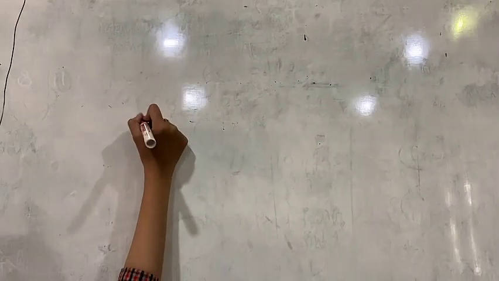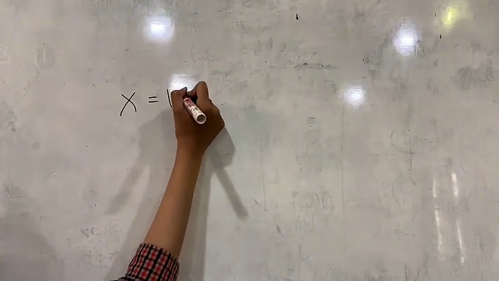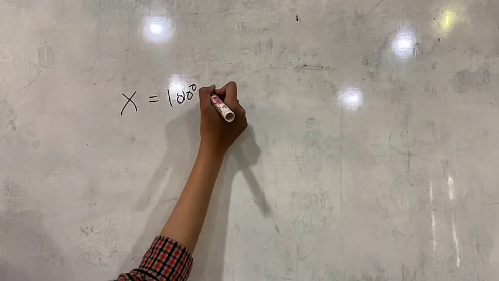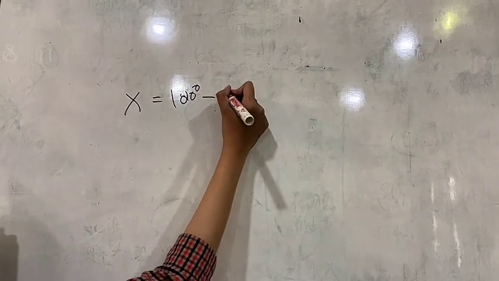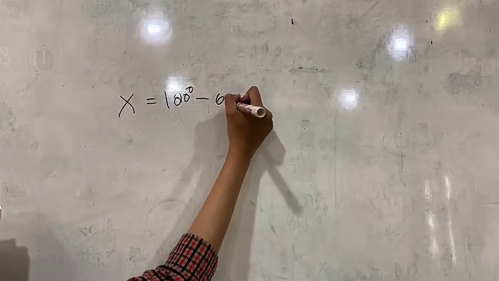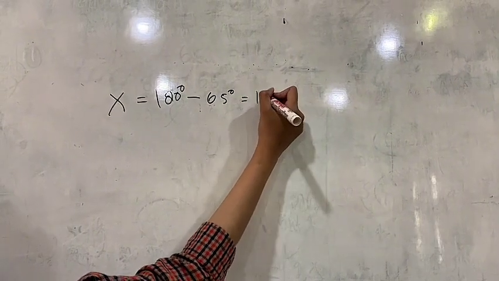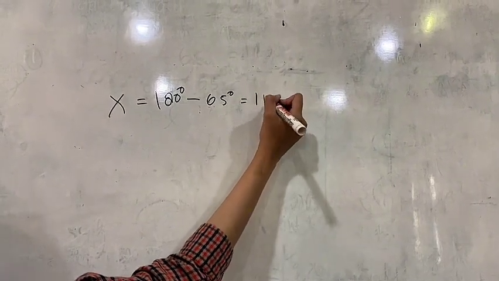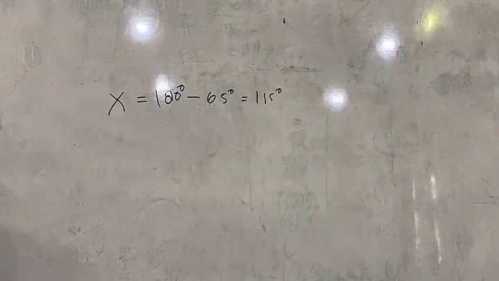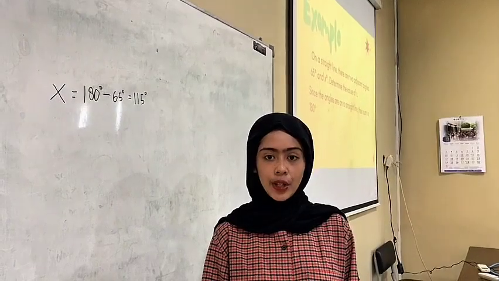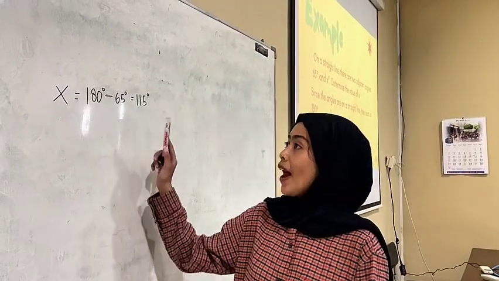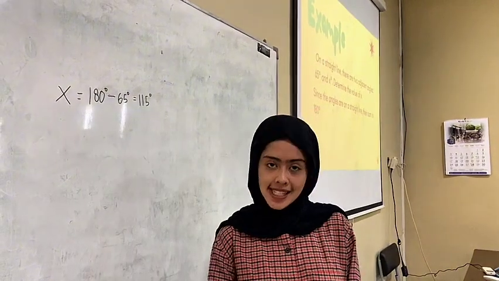So, x is 180 degrees minus 65 degrees, which is 115 degrees. Therefore, the value of x is 115 degrees.